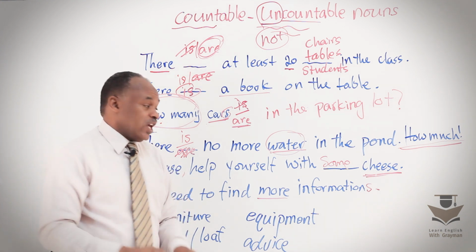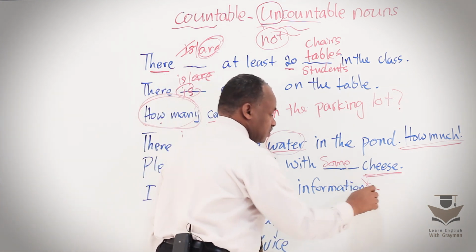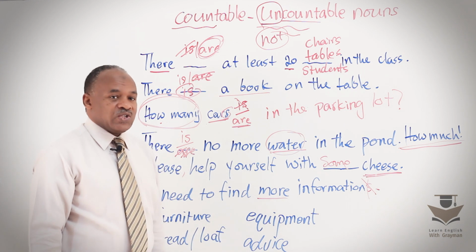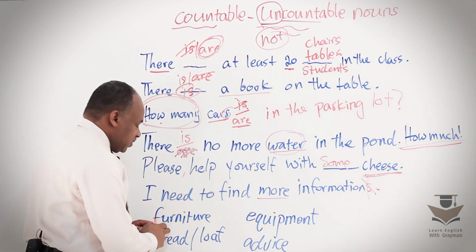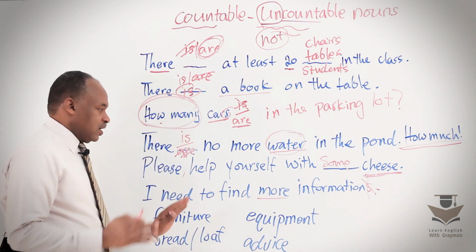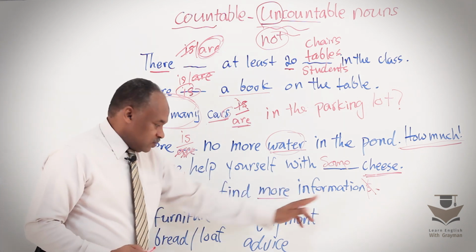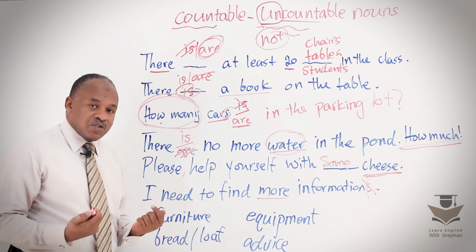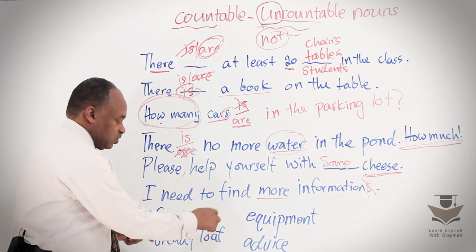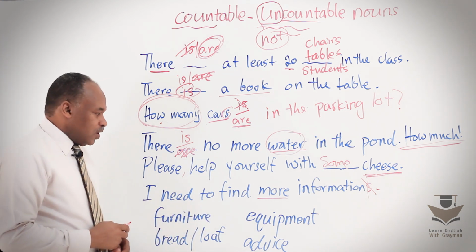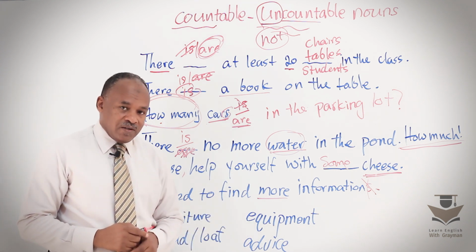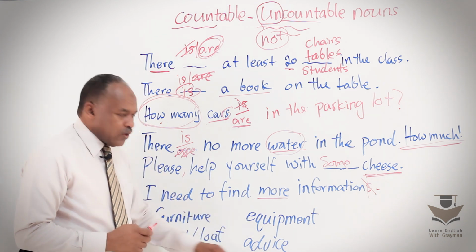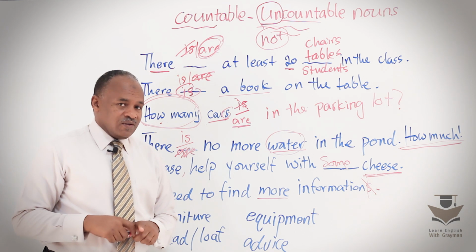Information does not take the letter S. No S there. What about these ones? It's the same thing, just like information. We say furniture is uncountable. We don't say furnitures. We don't add S there. The same thing for equipment, and the same thing for advice.